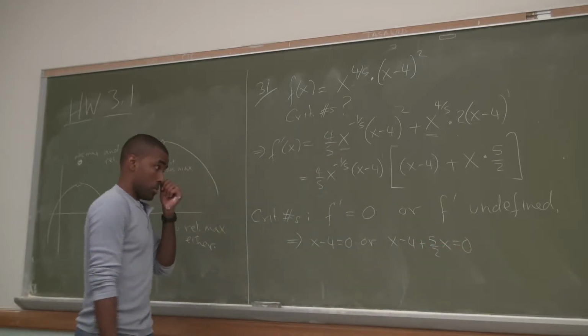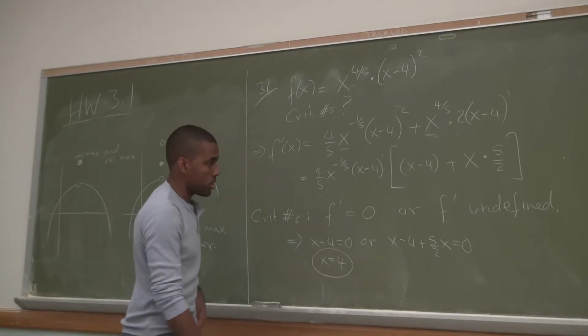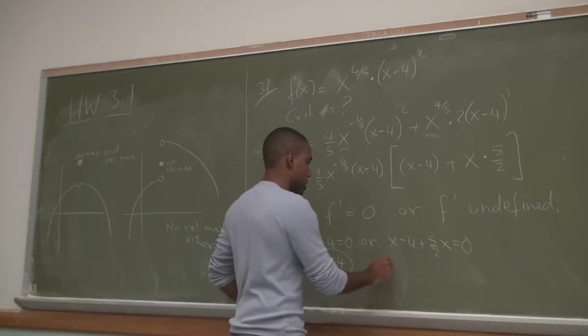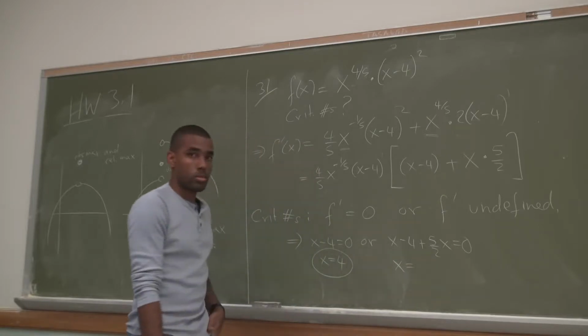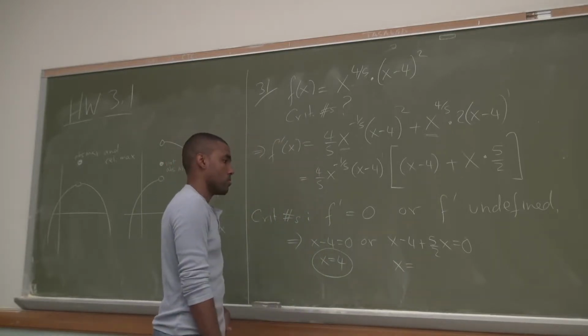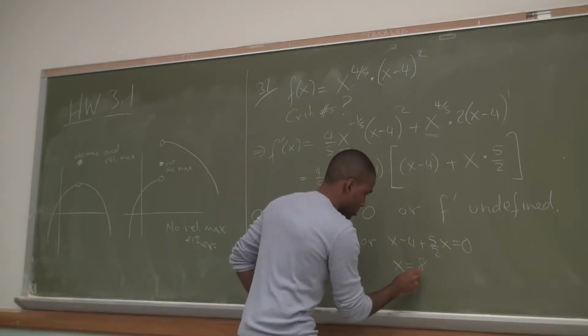Right? So this means that x equals 4, that's one critical number. Or what would x equal in this case? 8 over 7? Probably wrong.